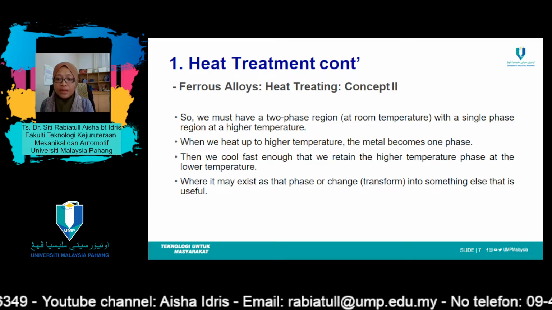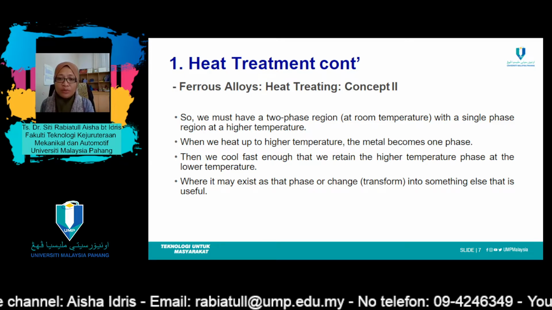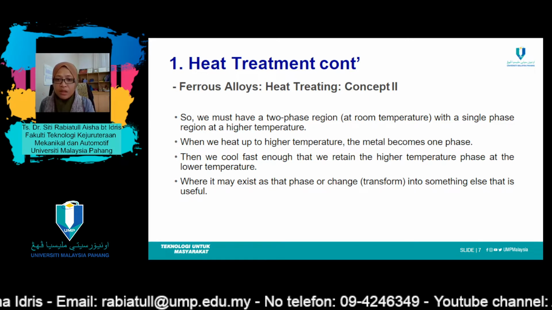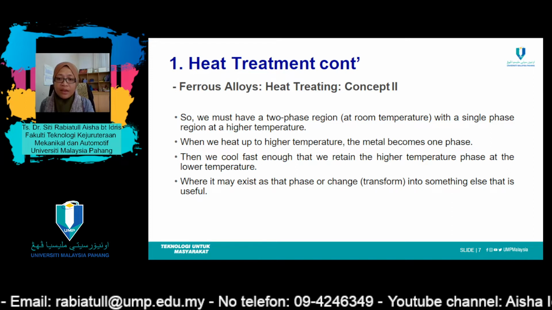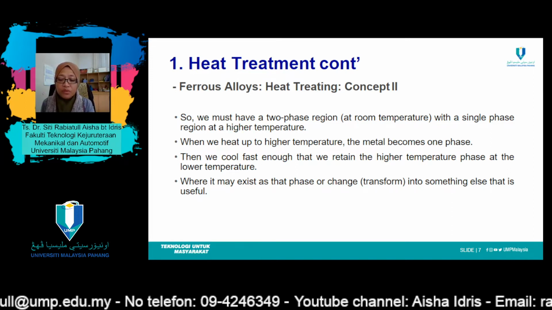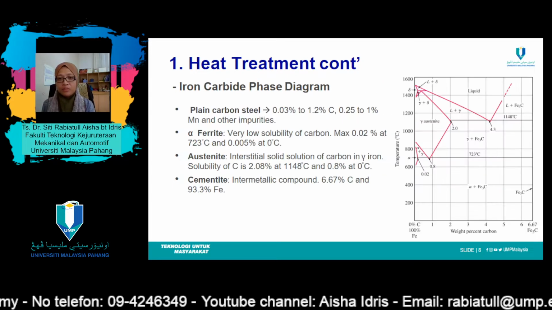Then when we cool fast enough, or at a faster rate, we retain the high temperature phase at lower temperature, where it may exist as that phase or transform into something else that is very useful to the design or to the final product.